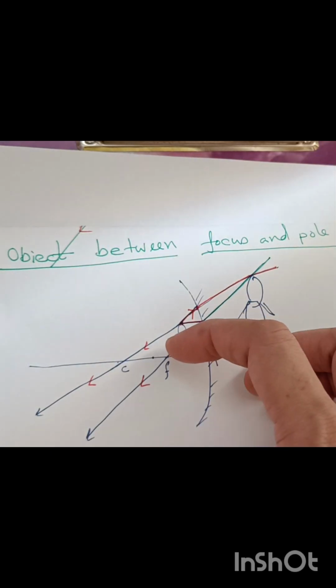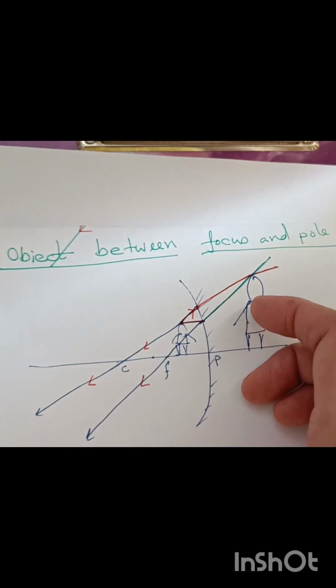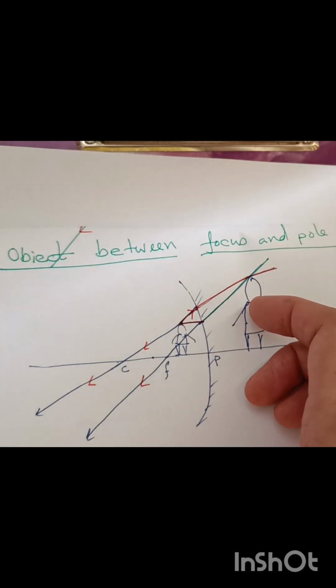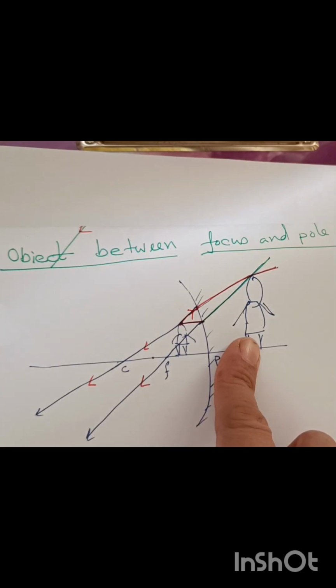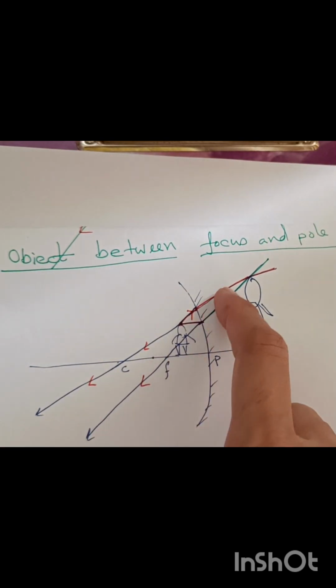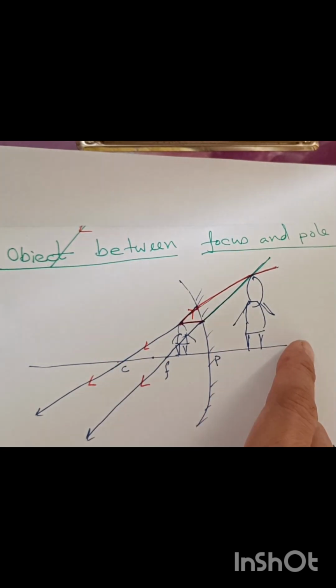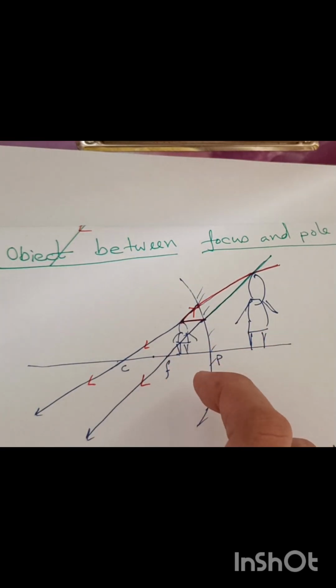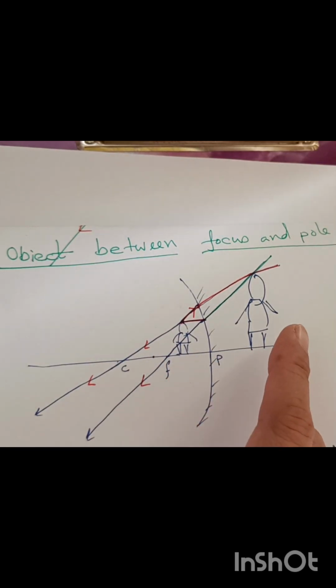See, the image will be larger than the object. It is inside the mirror, so it is virtual, and it is formed on the principal axis, so it is erect. It is larger because v is equal to p and the image distance, and u is lesser than FP, so v is greater than u.